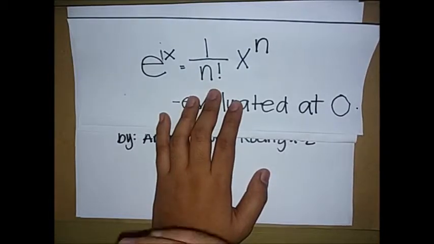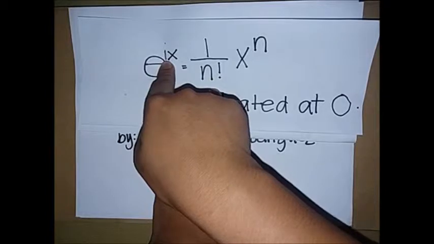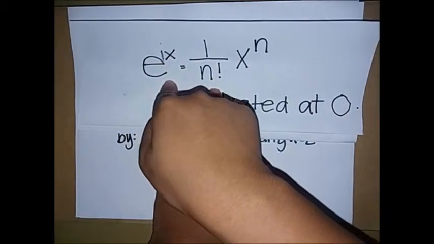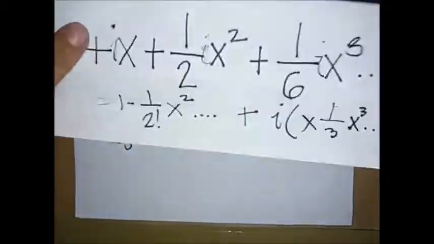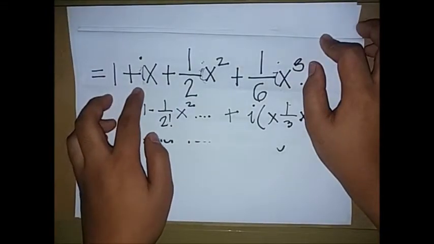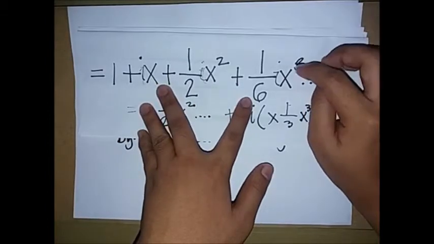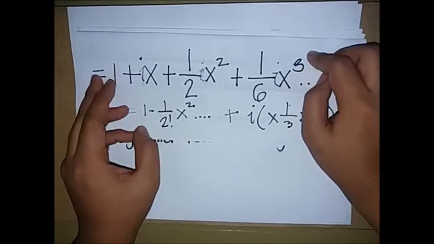Now, if we add the imaginary part here, this is Euler's identity, and if we expand it, we will have 1 plus ix plus 1 half ix squared plus 1 sixth ix raised to 3, or cube.